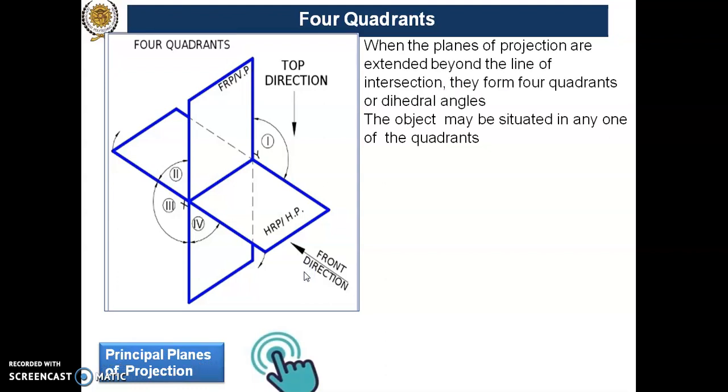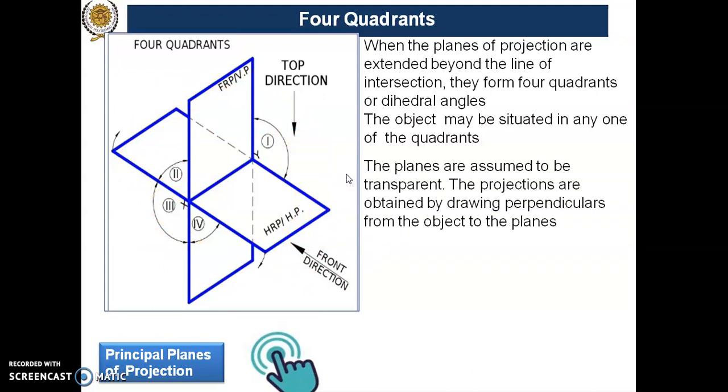Now, when the planes of projection are extended beyond the lines of intersection, they form four quadrants or dihedral angles. The object may be situated in any one of the quadrants, as we have discussed just now. The planes are assumed to be transparent.